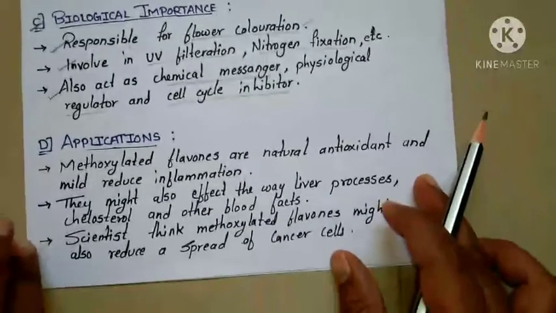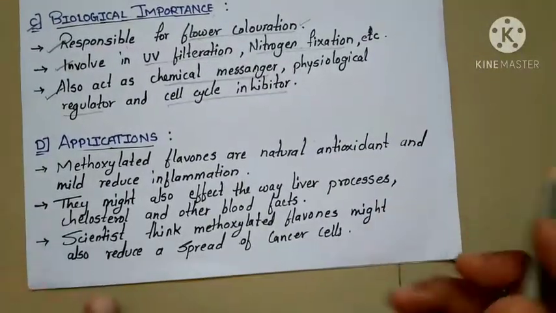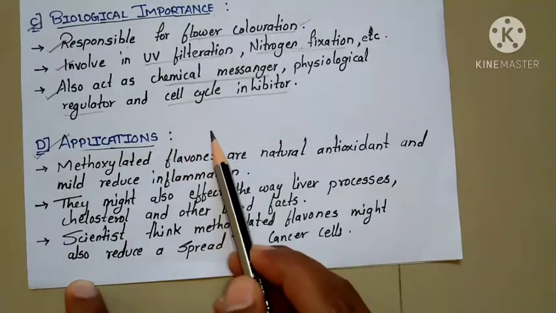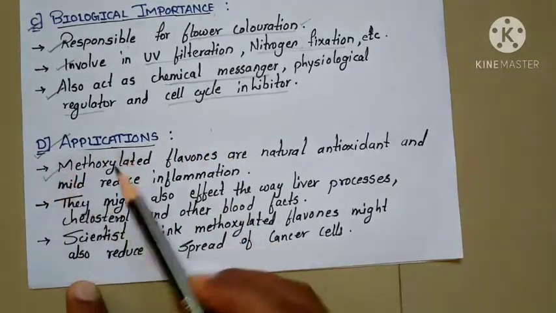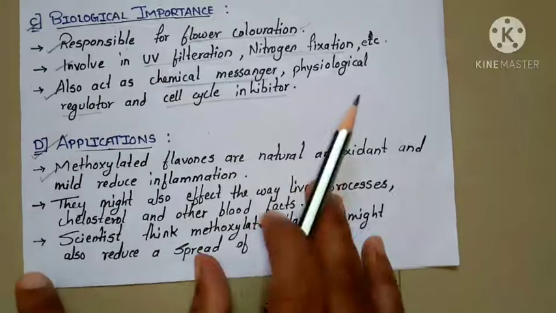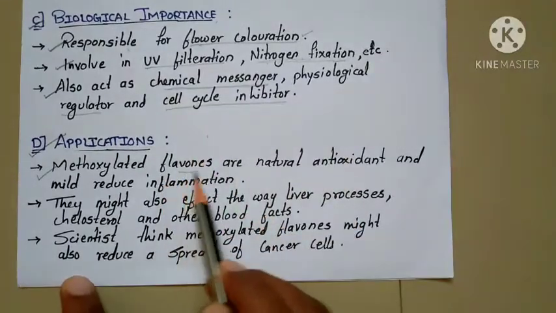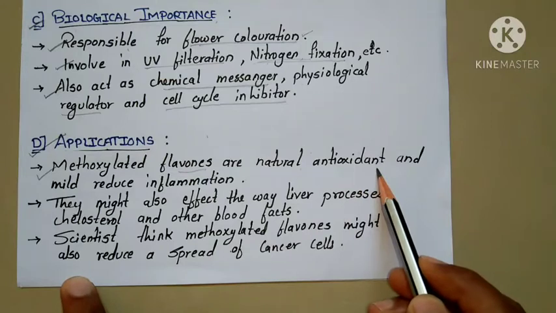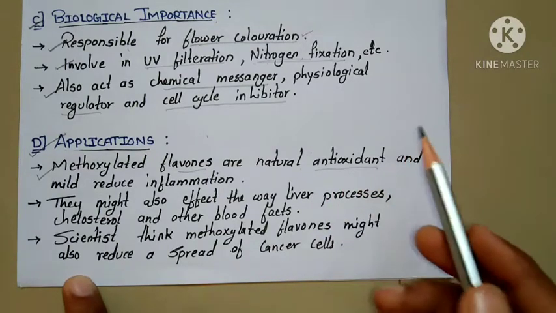Then the last part of flavones is application of flavones. First application of flavones is methoxylated flavones are natural antioxidants. As we know, turmeric is also an antioxidant.